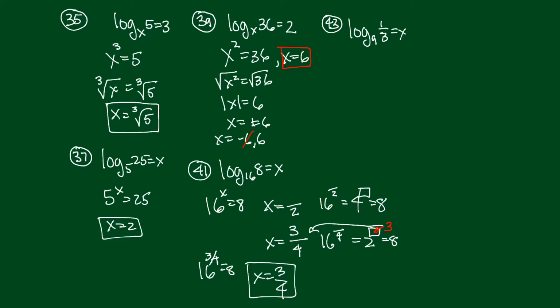Now it looks like this number 43 is similar to that 41. In this sense here, I've got 9 raised to some power giving us a third, right? Logarithm is the exponent. So let's write what we have. 9 to the x equals 1/3. Now this is a fraction over here. That means that this has to be negative.